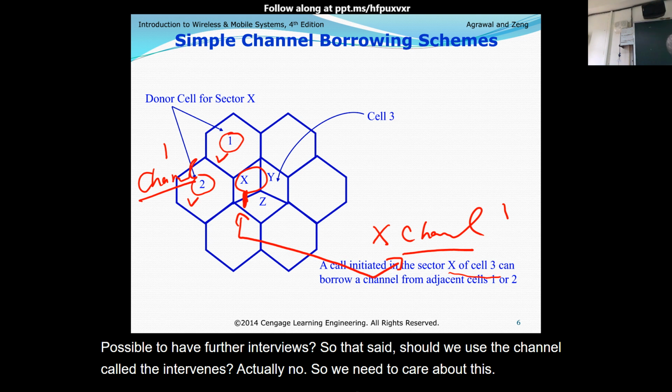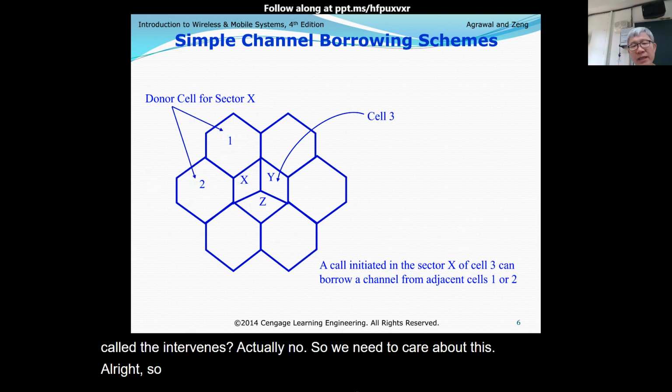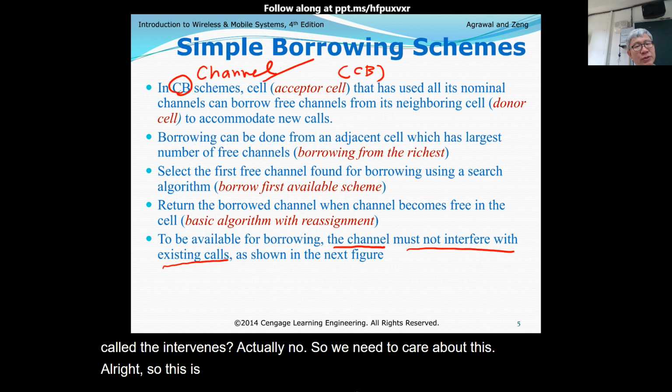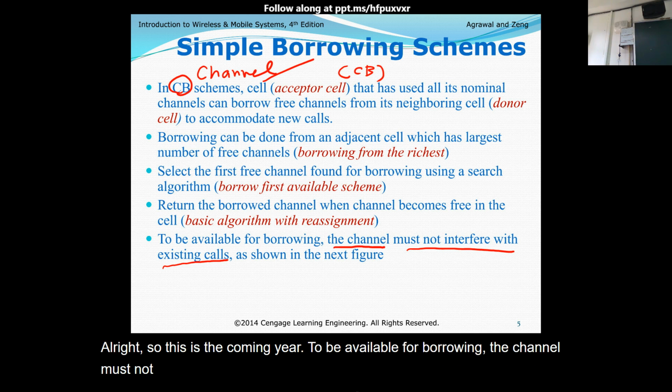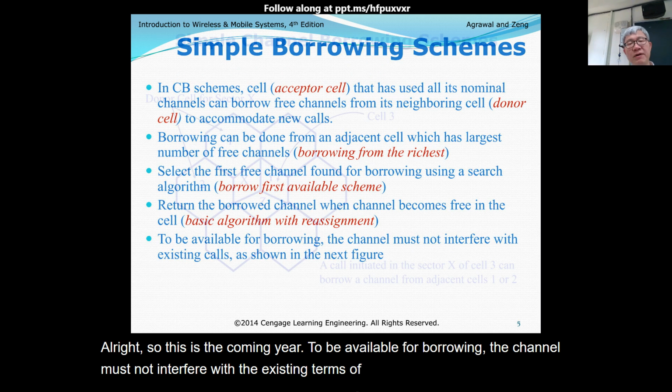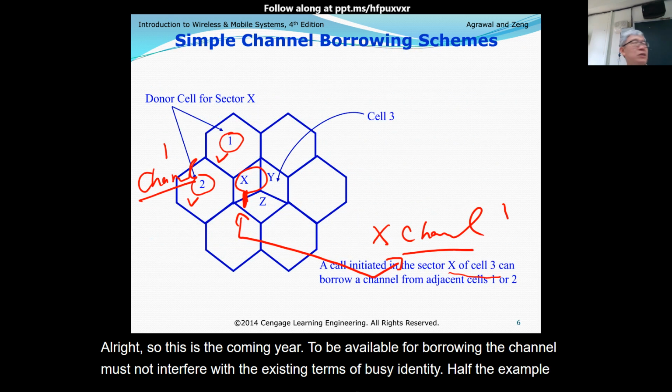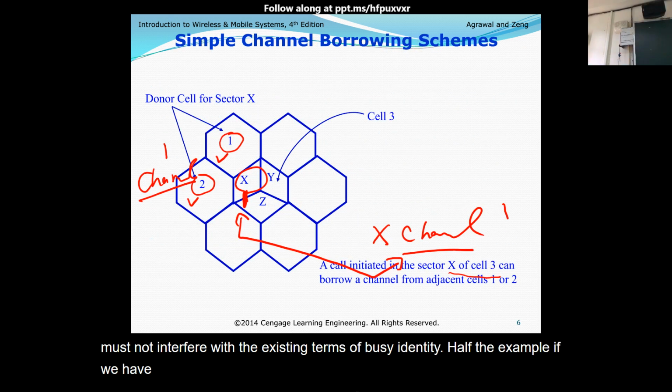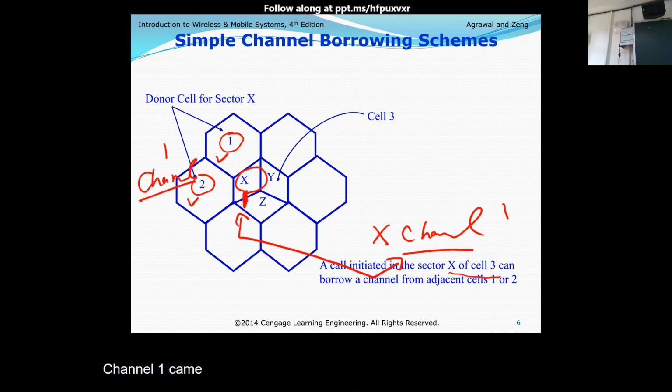All right, so this is the comment here. To be available for borrowing, the channel must not interfere with the existing calls. Previously, I gave the example. If we have channel 1, channel 1 can be borrowed, but how about channel 1 used by another reuse cell?